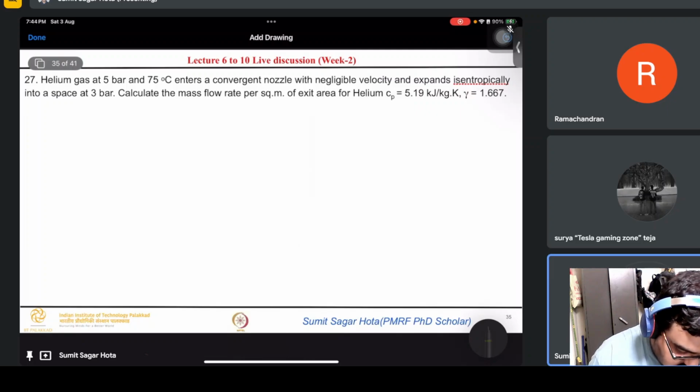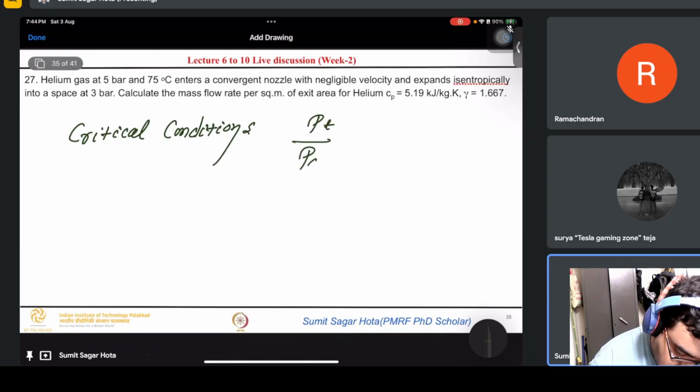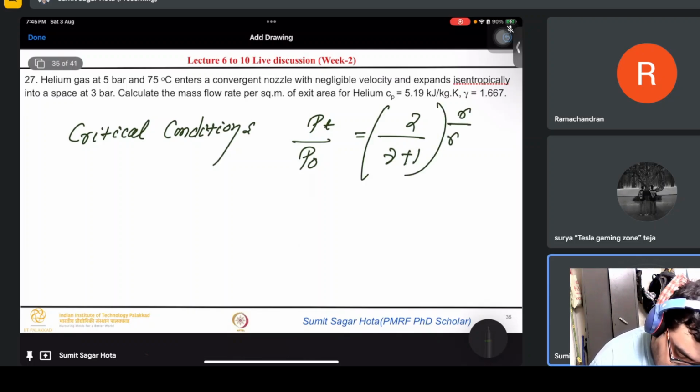Okay, so let's directly go through it. So let's write down the critical condition. For critical condition, Pt by P naught is equal to (2 by gamma plus 1) whole to the power gamma by gamma minus 1.